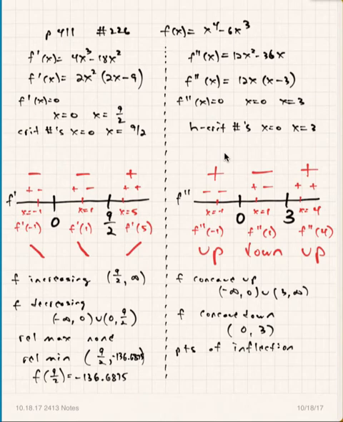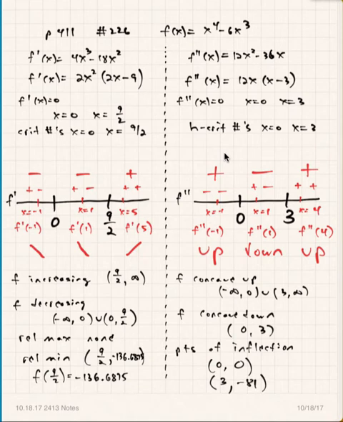One place is at 0, and remember, you're going to the original function when you're evaluating here. So you have 0, and then that's easy, the y value 0. The other one is when x is 3, and the y value there would be 3 to the 4th power minus 6 times 3 raised to the 3rd power, and I get negative 81 right there.